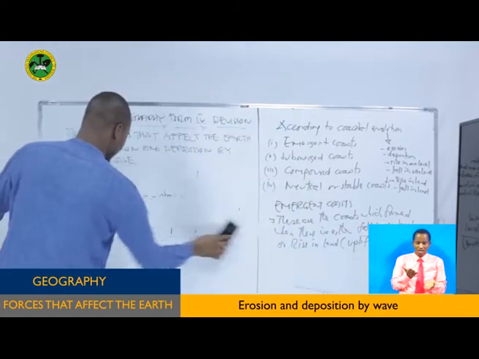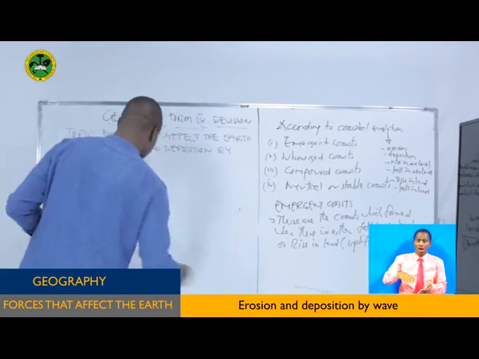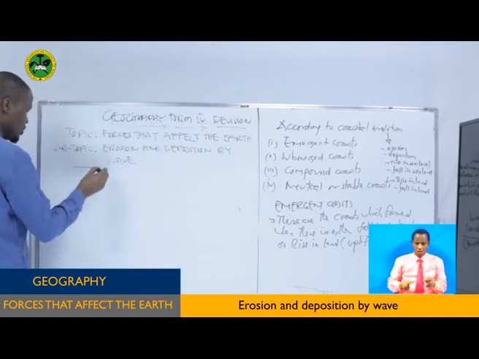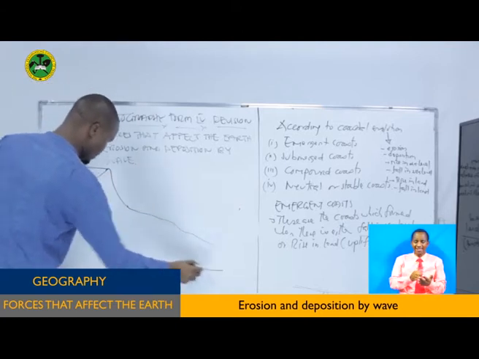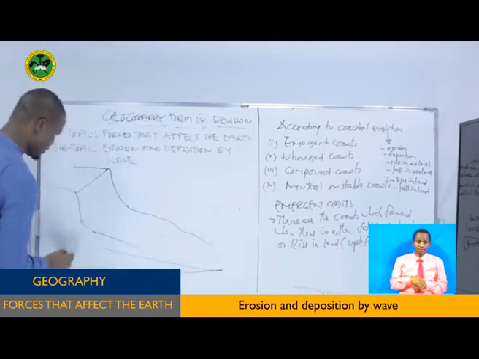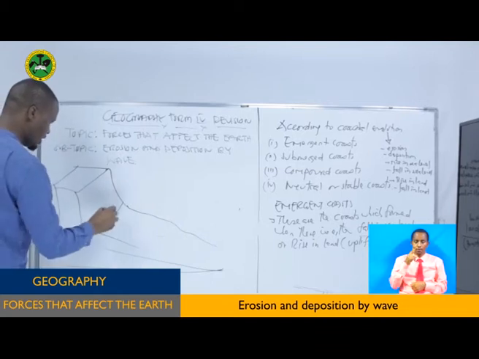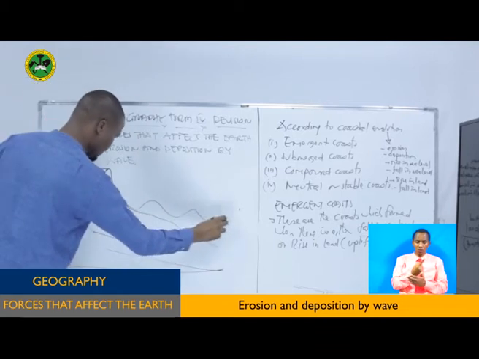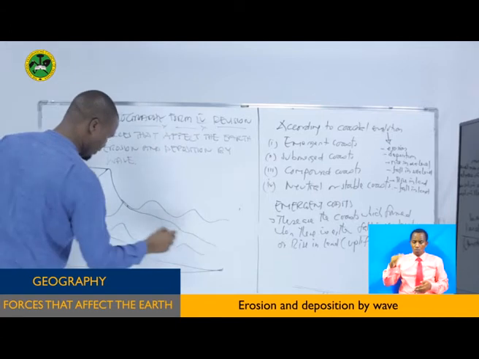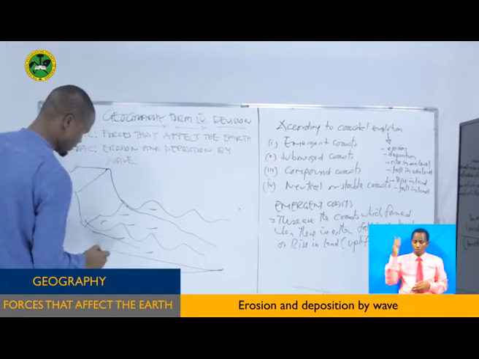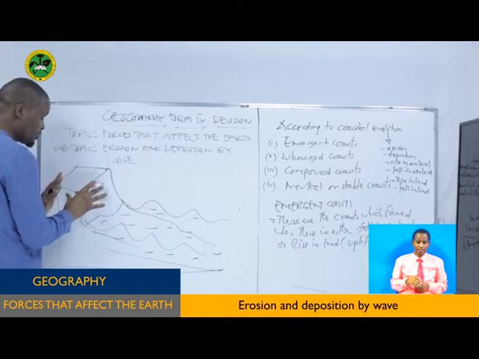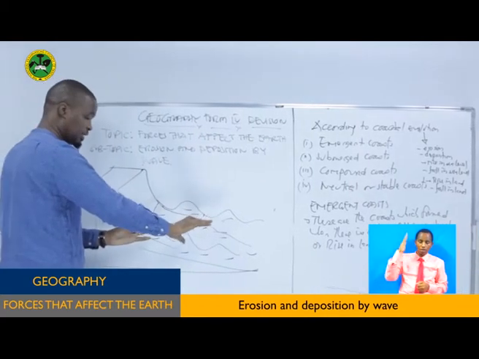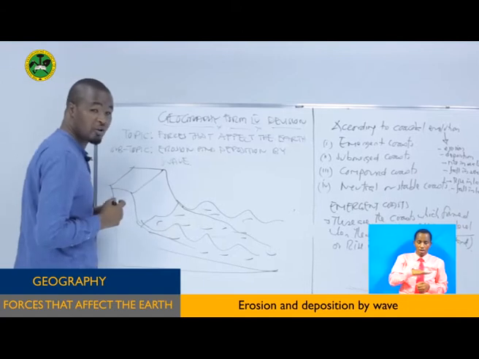Let's see the emergent coast in a simple way. We may find something like this. Right here, this is a sea, and this is the movement of water, the waves. If we find this part of the land facing the sea, we call it a coast.